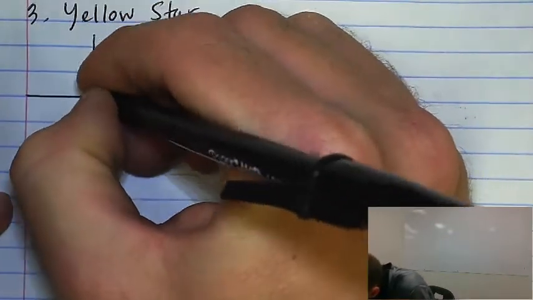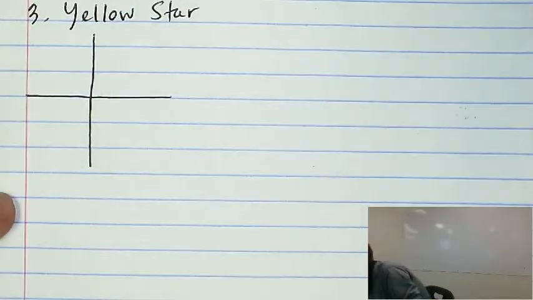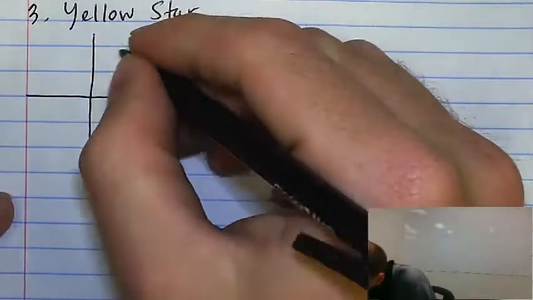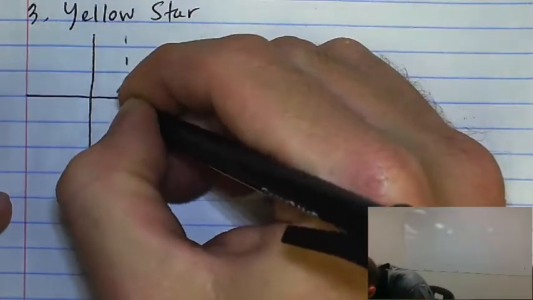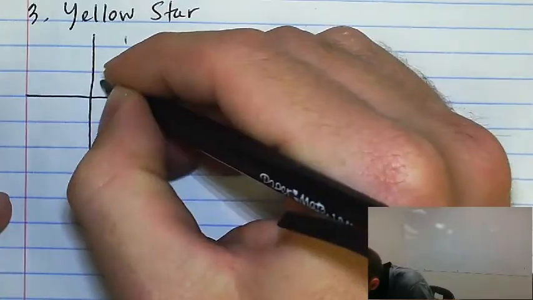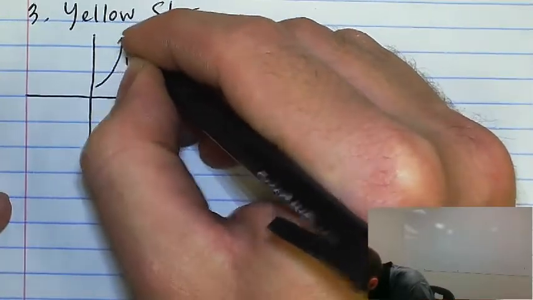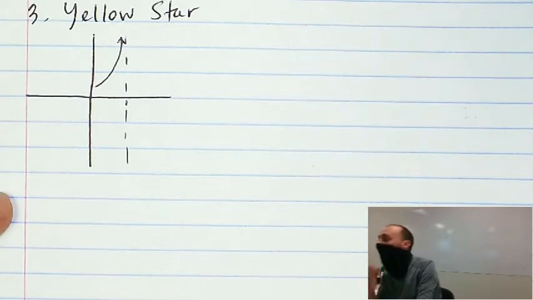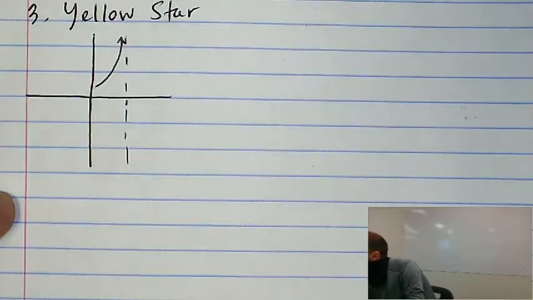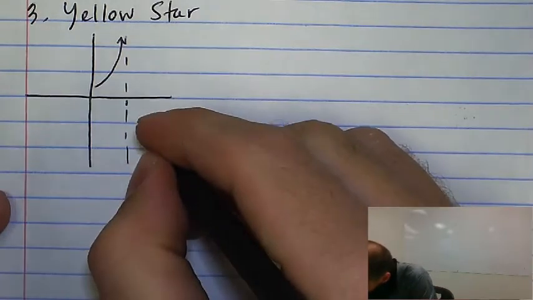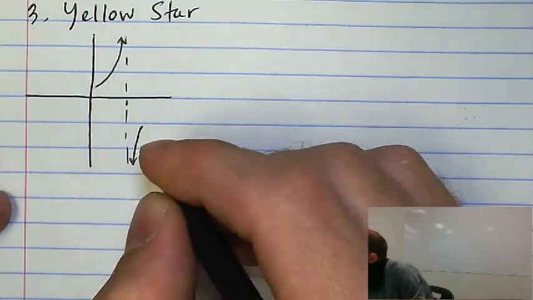Okay, that's it to keep track of. So I'm going to just kind of draw my axis here. As we approach 1 from the negative side, I'm going to infinity. So basically what I know is if this is 1, it's going to look like that. Okay. And then as x approaches 1 from the positive side, I'm approaching negative infinity. It'll look like that.